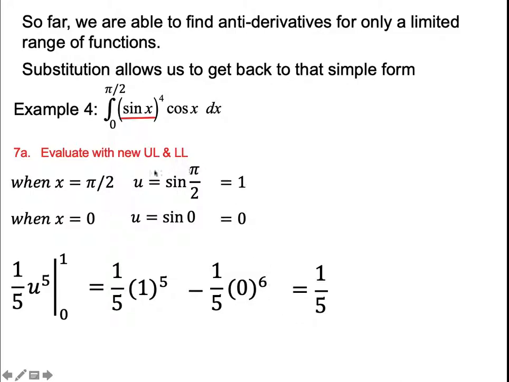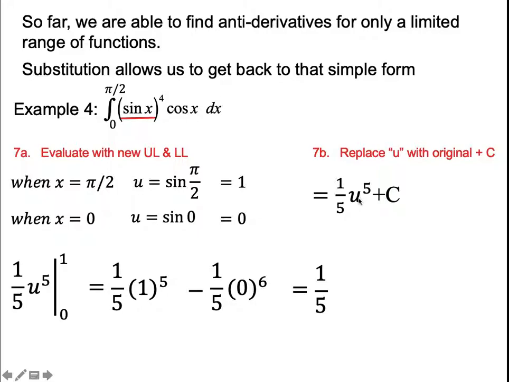Now let's do the other scenario. Let's do the 7b scenario. Let's pretend that there is no upper and no lower bound. And so our antiderivative is 1/5 u to the 5th plus c, because it's an antiderivative, so it has a constant of integration. This represents, remember, the family of functions. And then what we have to do for step 7b is we have to substitute in what our expression for u is, because we need to get our answer back in terms of the original variable, which is x.